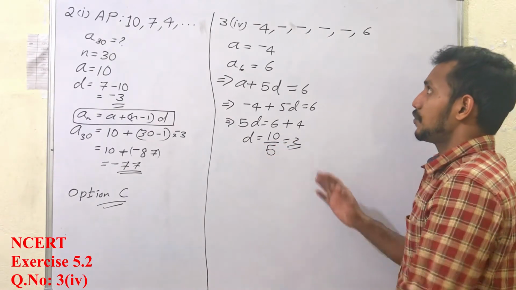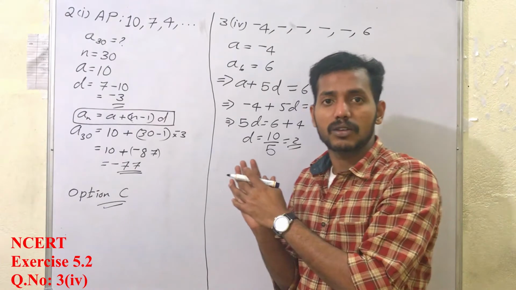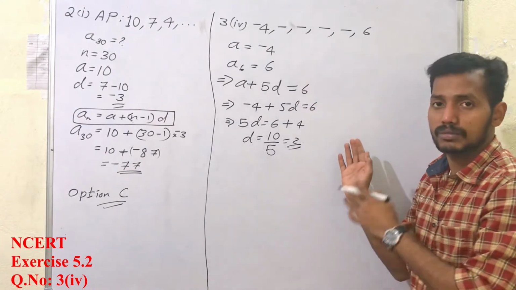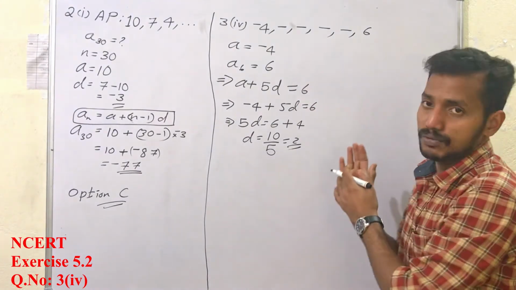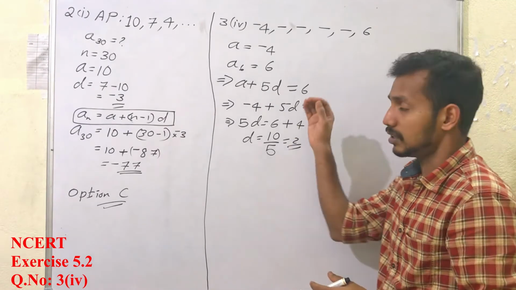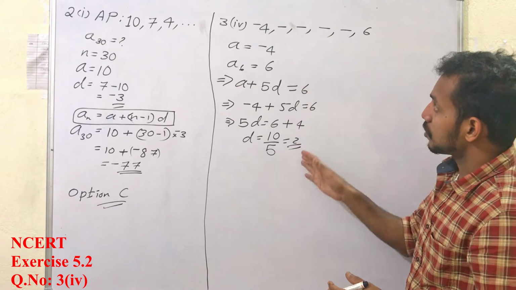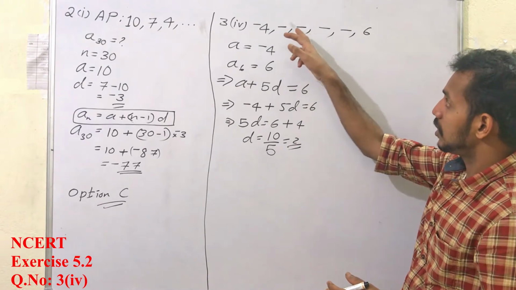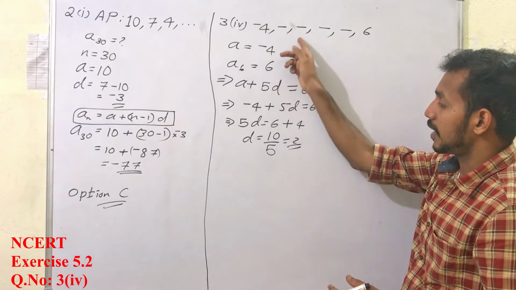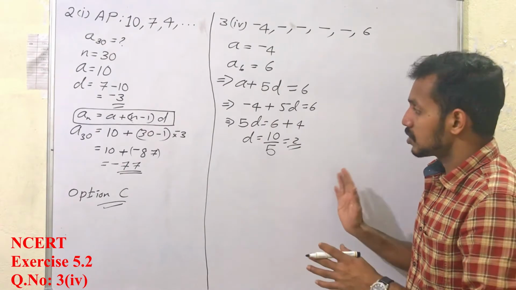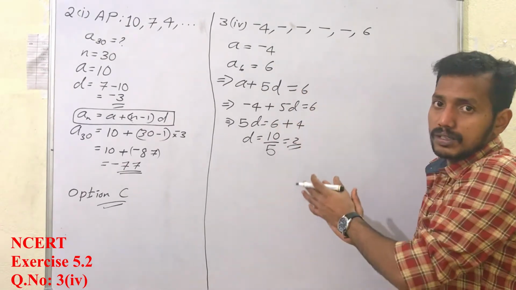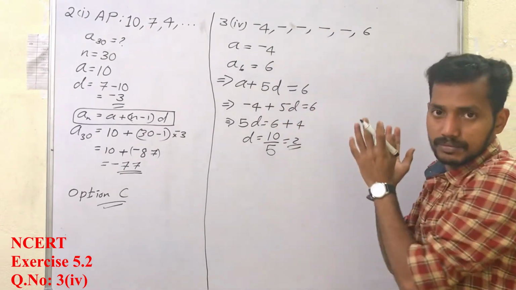So if you get this type of question, find the missing terms, there is a chance this type of question will be asked in the board examination from the 1 mark section. For this type of question, you need to first find a and the common difference. Once you have the common difference and first term, it's very easy to find any term.